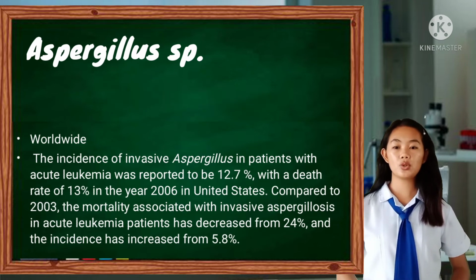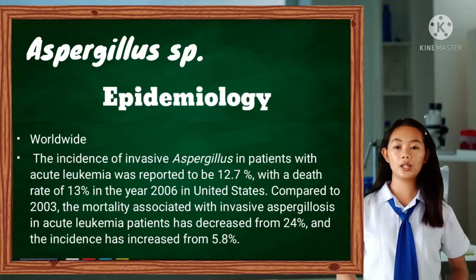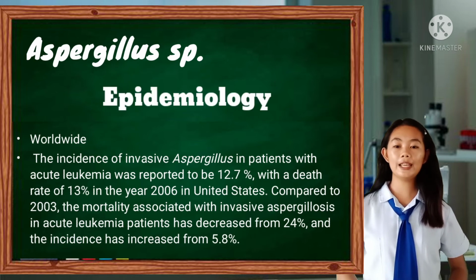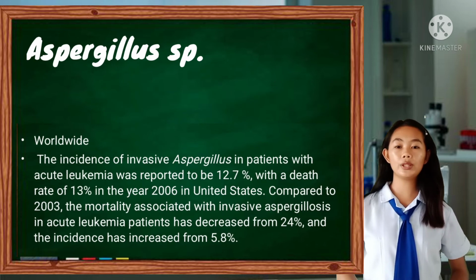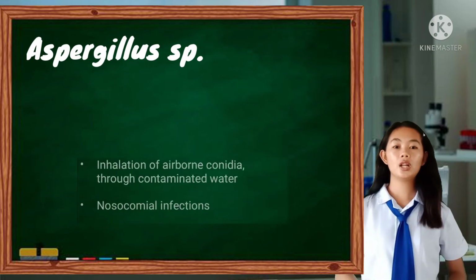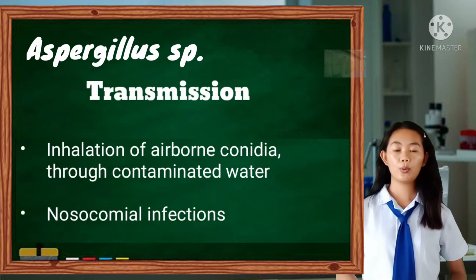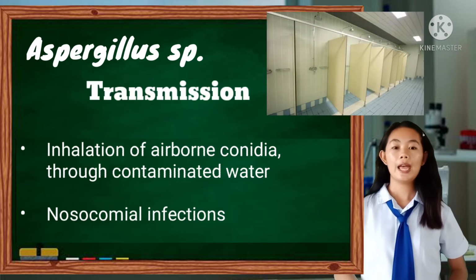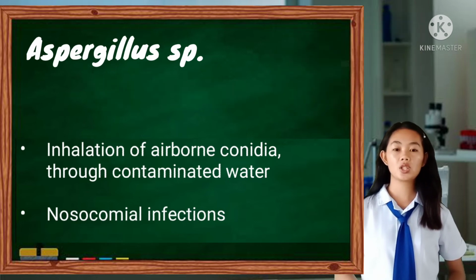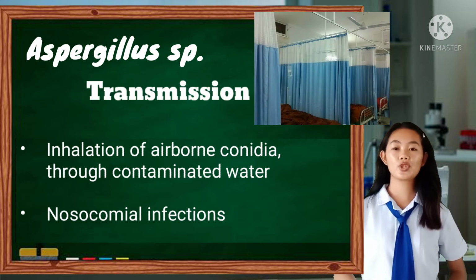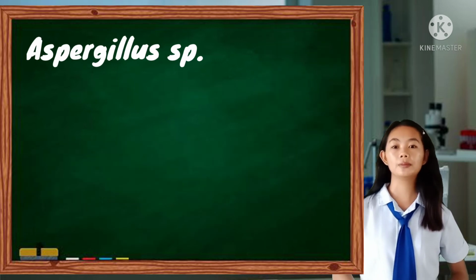Compared to 2003, the mortality associated with invasive aspergillosis in acute leukemia patients has decreased from 24% and the incidence has increased from 5.8%. Inhalation of airborne conidia through contaminated water or exposure to conidia during showering, and nosocomial infections or hospital fabrics and plastics may serve as important sources of Aspergillus sp.